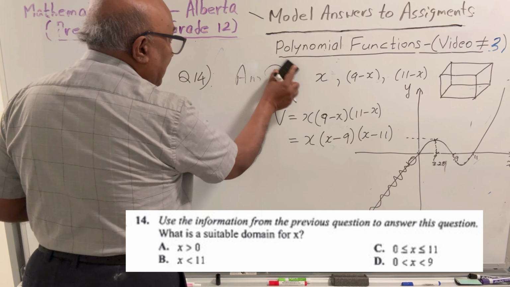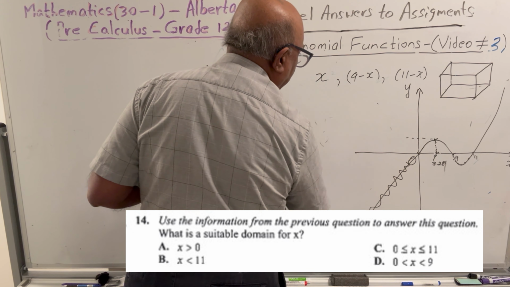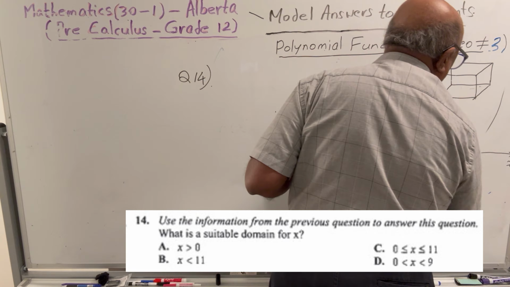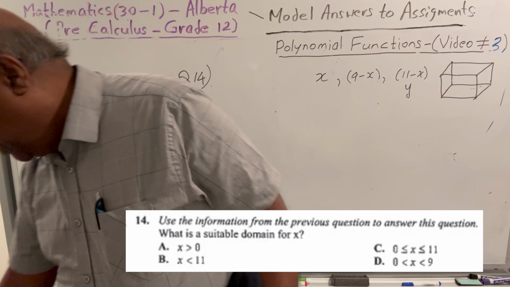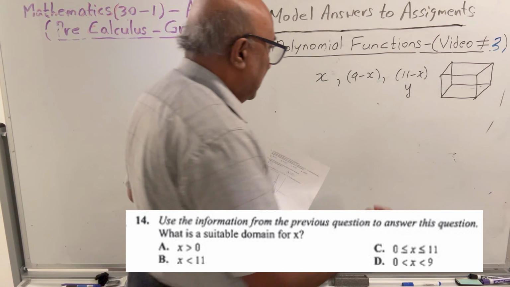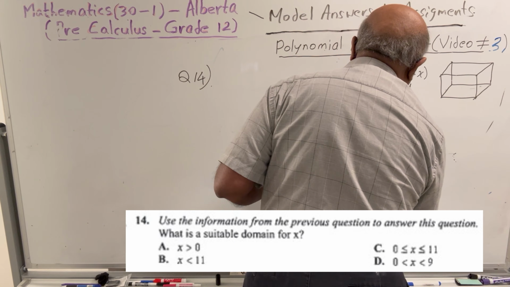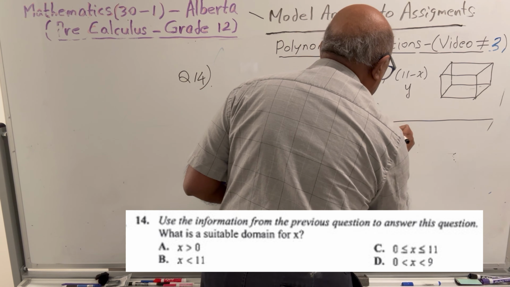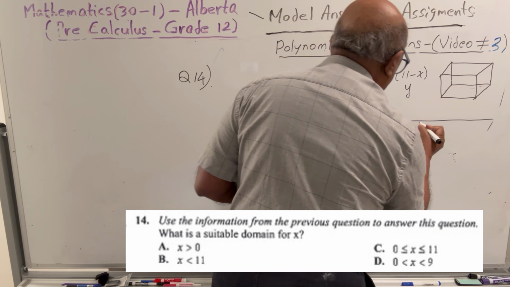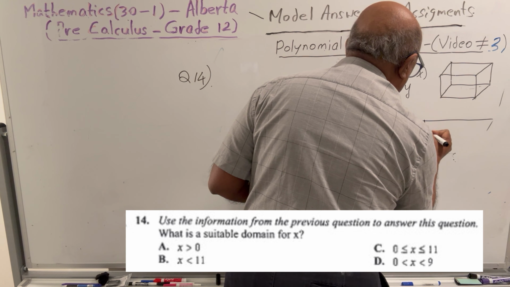Okay, in order to understand the situation, let's mark these dimensions on a number line. 0 is here, 9 is here, 11 is here.